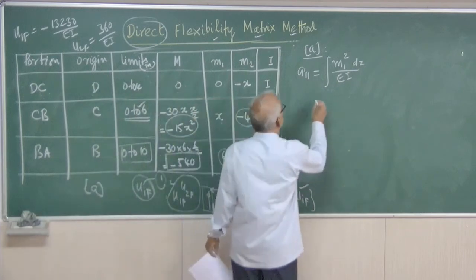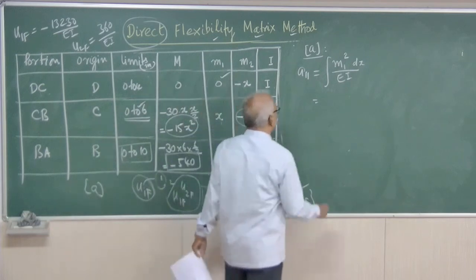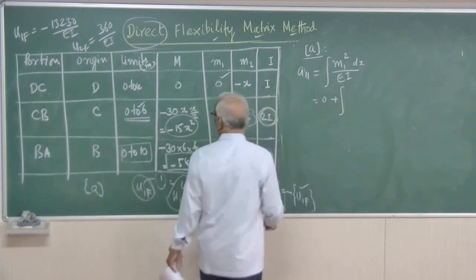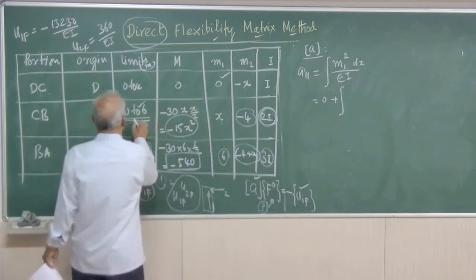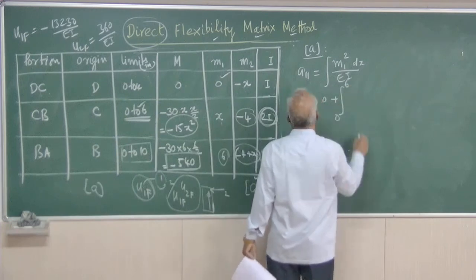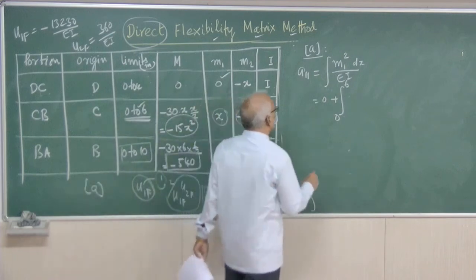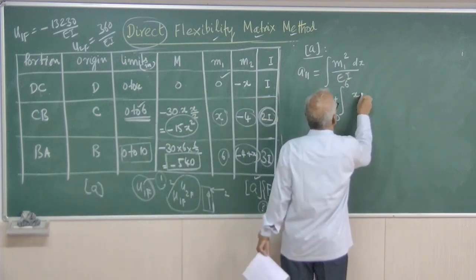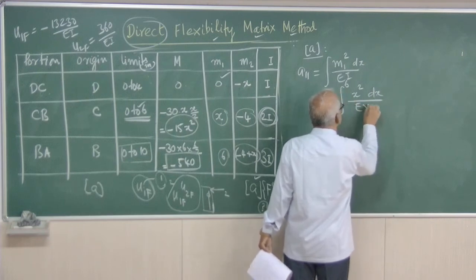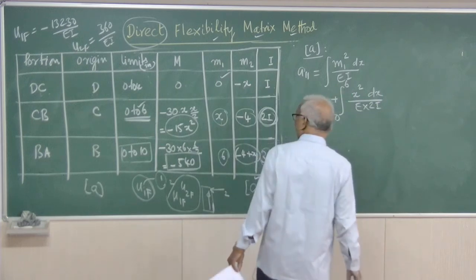Therefore, here first term M1 is 0, so you can forget about it. Plus for the second one, limits 0 to 6 meters, M1 value is x. So M1 square means it is x square into dx by E into 2I. That is for the portion CB.